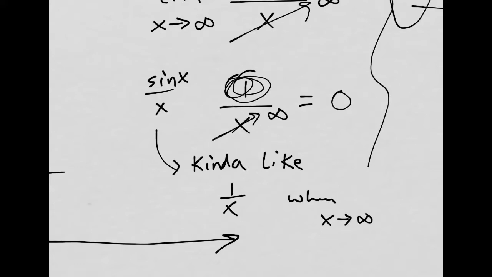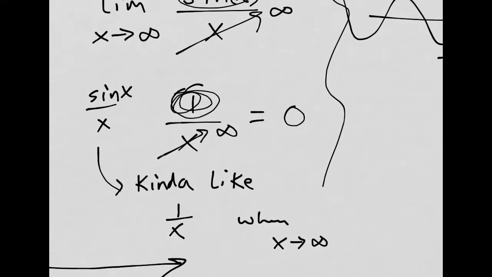Because the whole thing goes to 0. The top is staying relatively small and the bottom is getting huge.